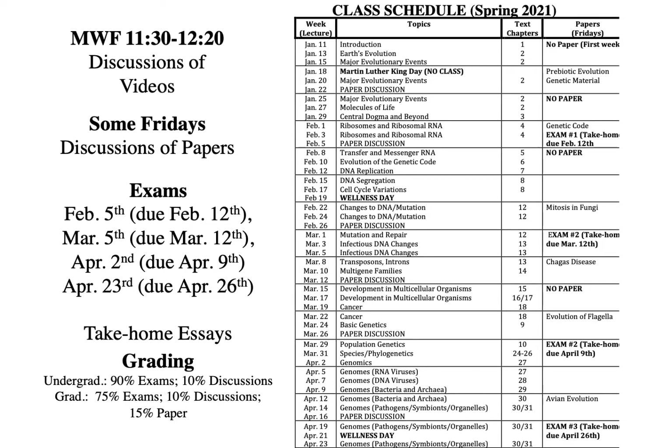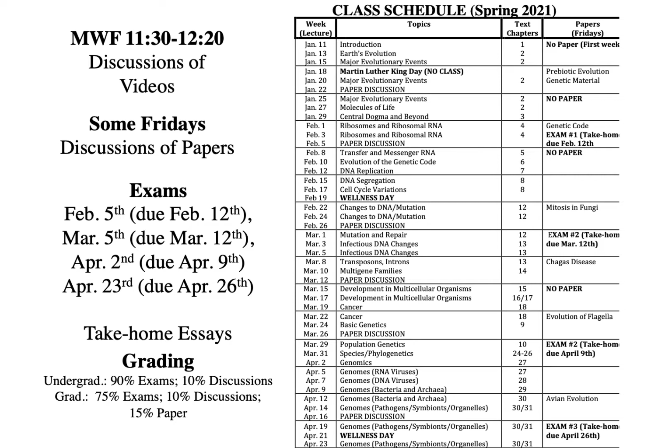The grading down here gives the breakdown for both undergraduate students and graduate students. For the undergraduate students, your grade will be determined primarily by the exams, 90%, but also some amount from the discussions, and that's primarily the discussions in class and specifically for paper discussions on those Fridays.